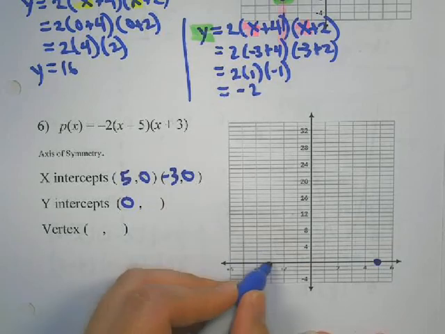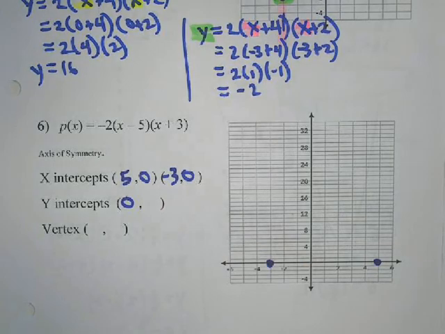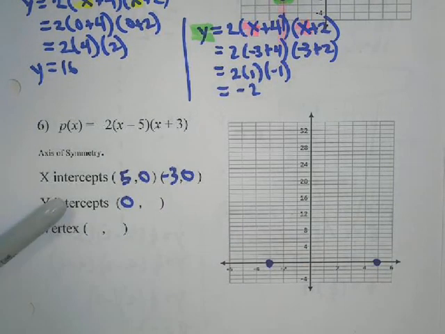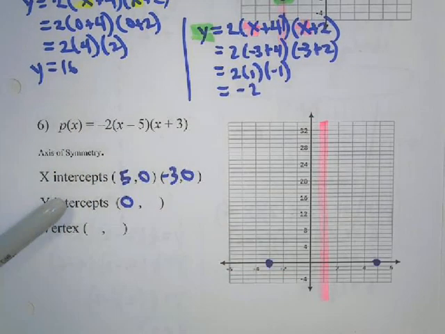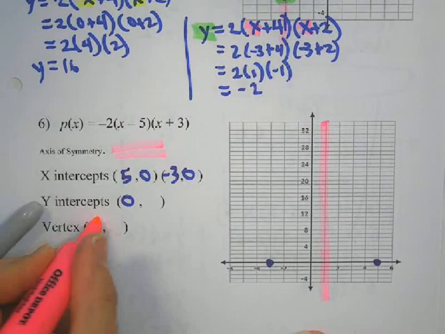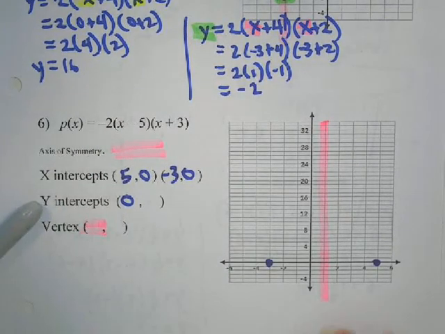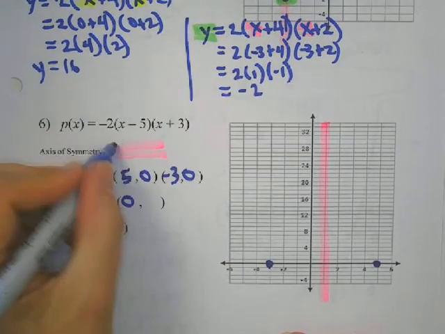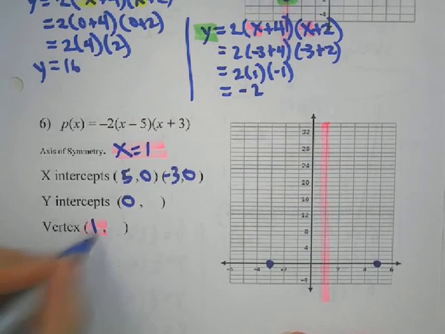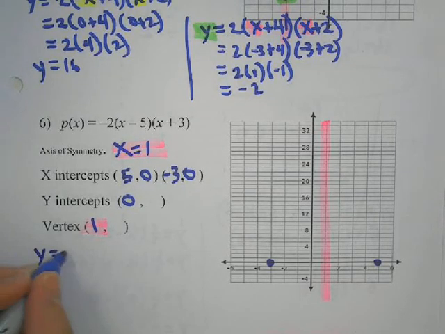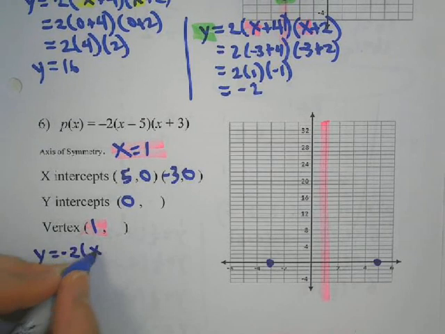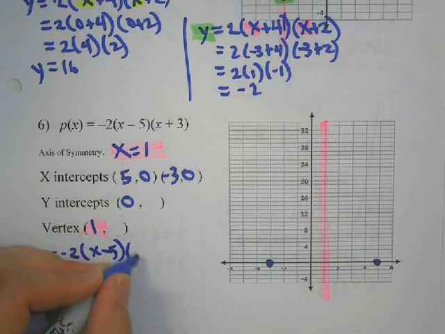Okay, so halfway between there and there is going to be 1. So we get x equals 1. Okay, so now, just like we did before, y equals negative 2 times x minus 5, x plus 3.